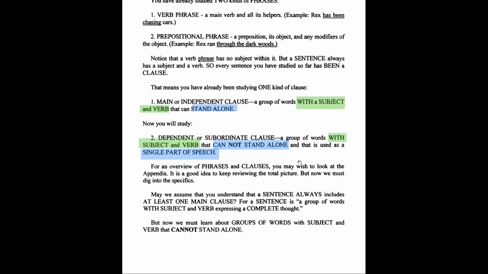The difference between a phrase and a dependent or subordinate clause is one key thing. The subordinate dependent clause has a subject and a verb. So this allows us to actually come up with an easy way to distinguish between all three. So for instance, if I take the qualities, so we have groups of words.